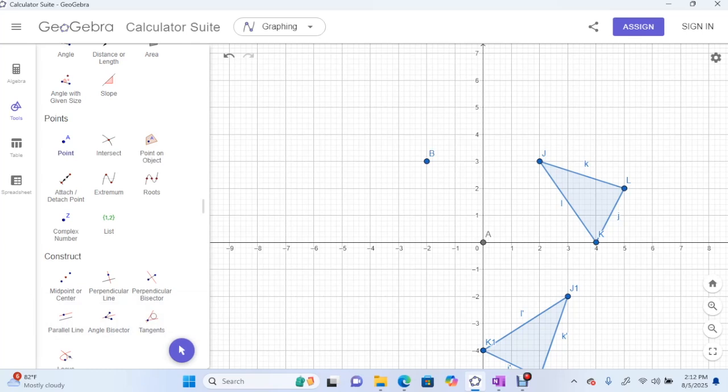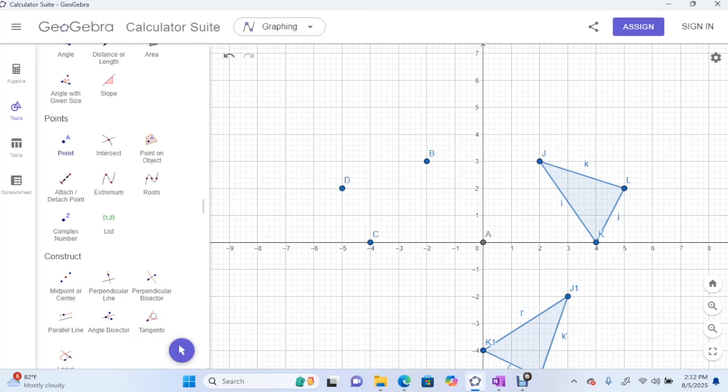The next point was 4, 0, and we said that's going to be negative 4, 0, so that's going to be here. And the last one was 5, 2, which is going to be negative 5, 2, and that's going to be here.